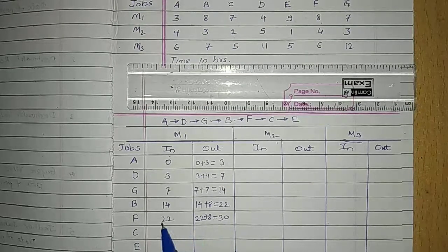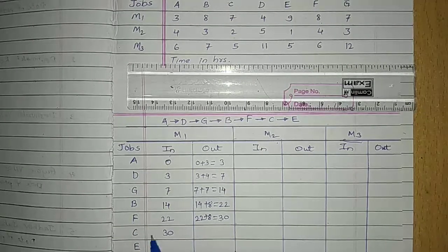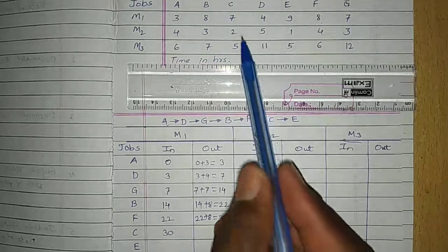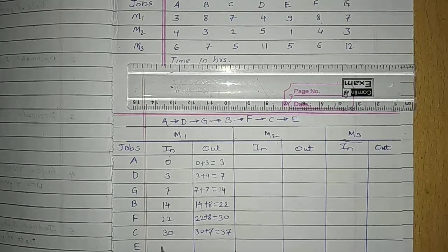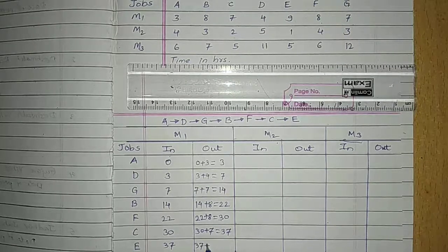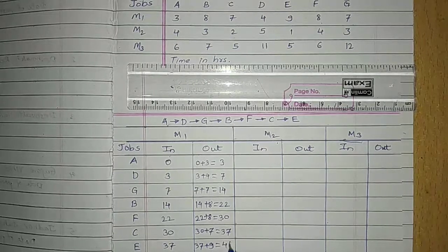So 30 is the out time for F. Now for job C, in time will be 30 hours. So its out time, for job C processing time is 7, so 30 plus 7, 37. Right? So for job E, in time will be 37 hours and its out time will be 37 plus its processing time 9. So 37 plus 9 comes to 46 hours. So this is the elapsed time for all the jobs on machine M1.